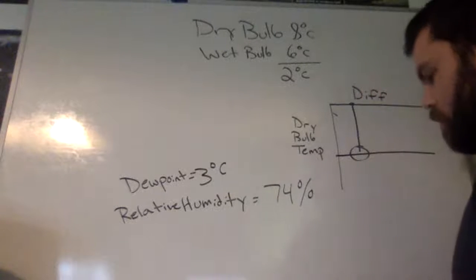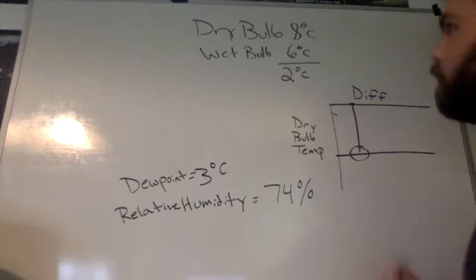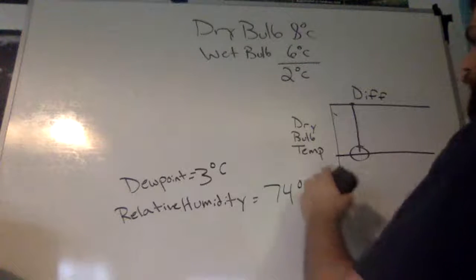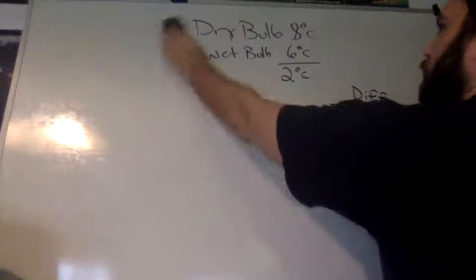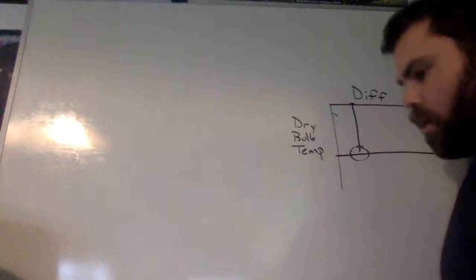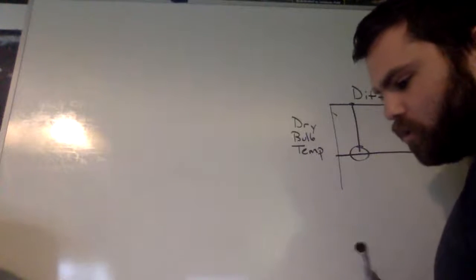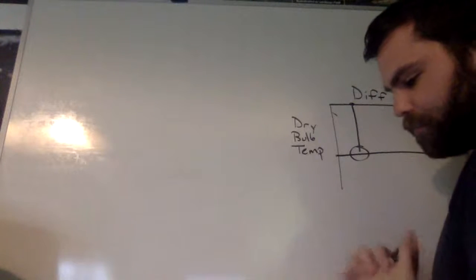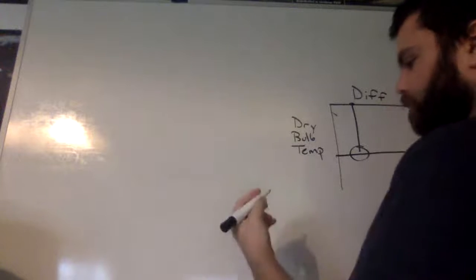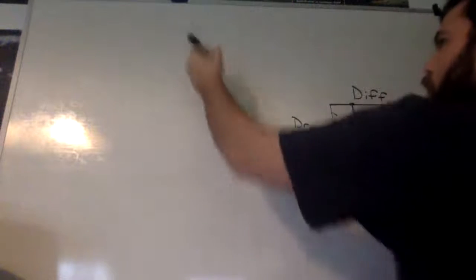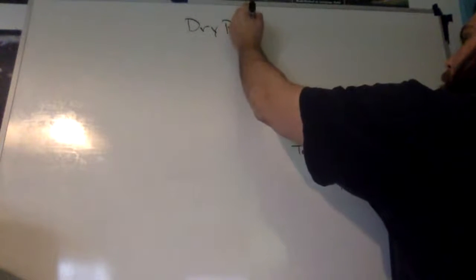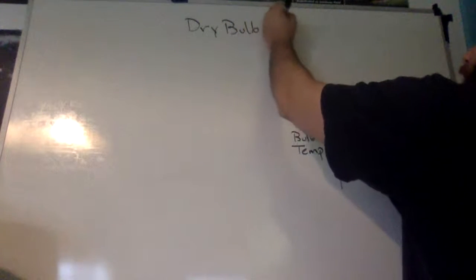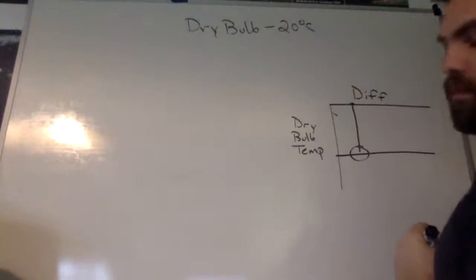So let's do another one. I'm going to keep this chart on the side, but I'm going to get rid of these. Let's go down to the fourth one. It tells us that our dry bulb is negative 20 degrees Celsius.